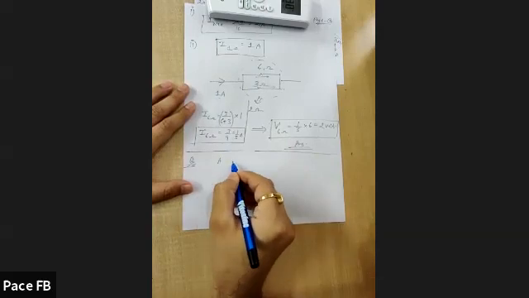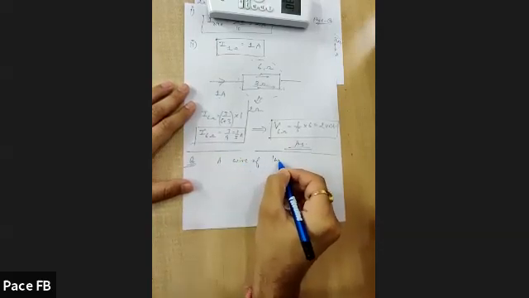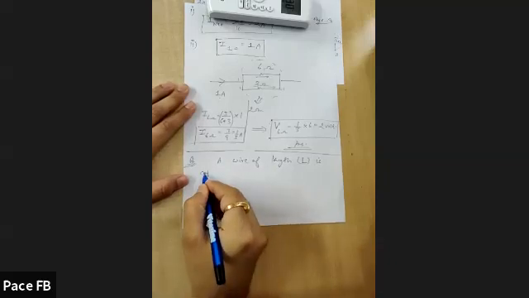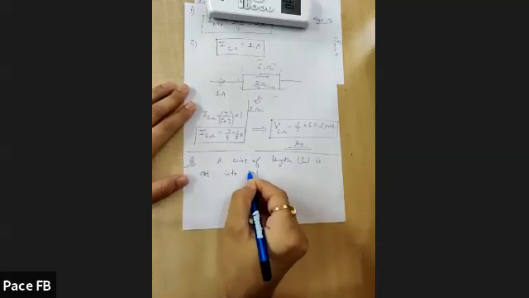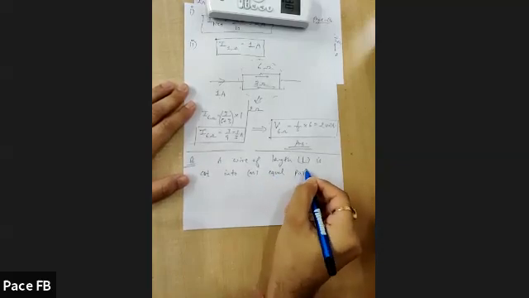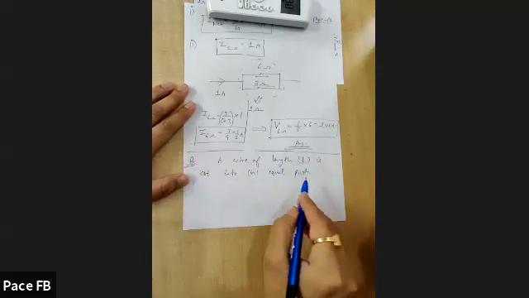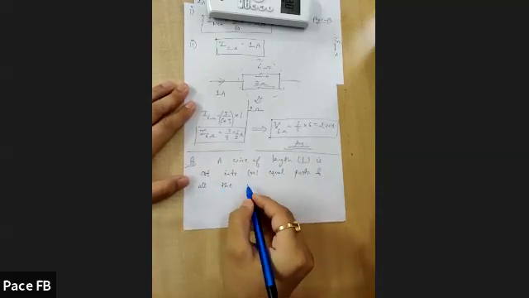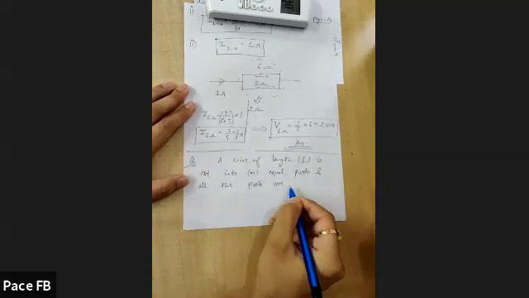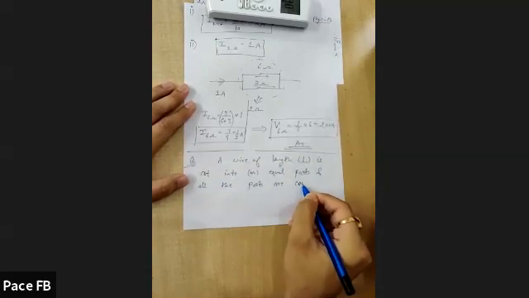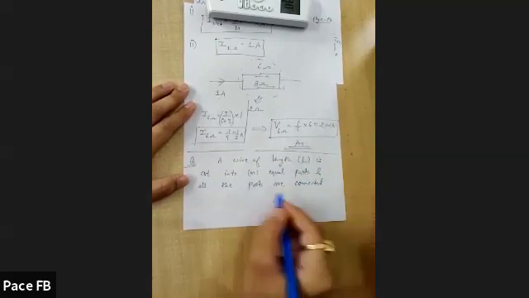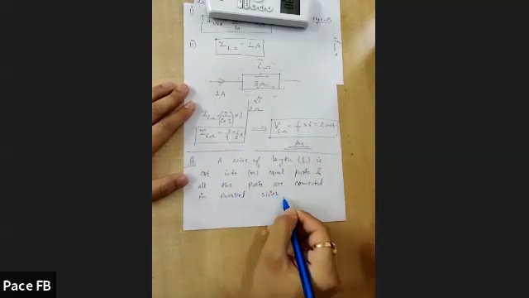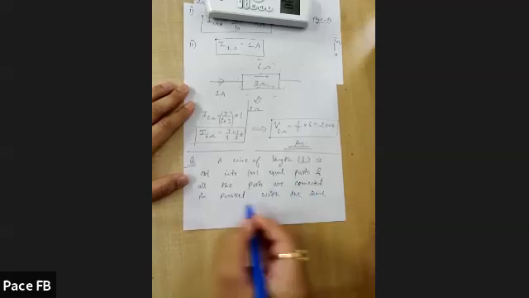A wire of length capital L is cut into n equal parts, and all the parts are connected in parallel with the same battery.